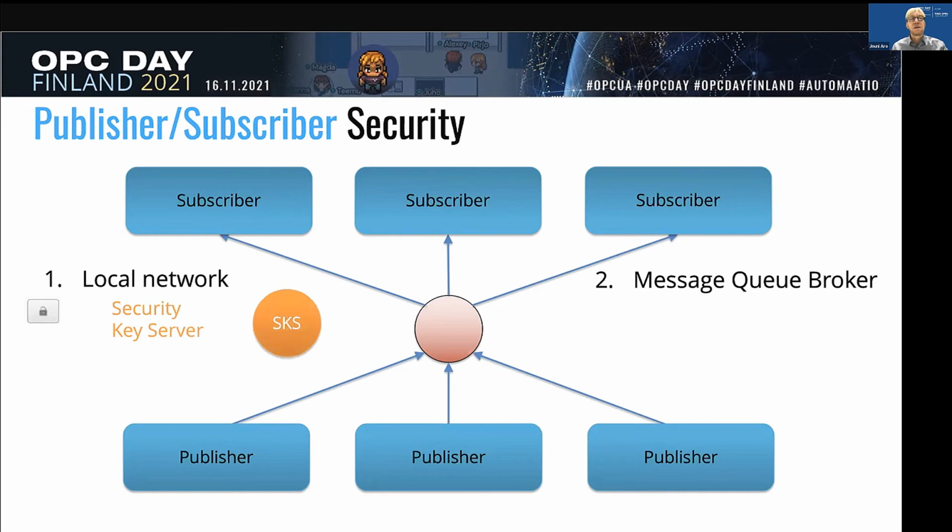The security is a little bit tricky, especially in the local network. You need basically an external security key server, because the subscribers and publishers have to share some keys with each other. But then you can encrypt the traffic in the network.